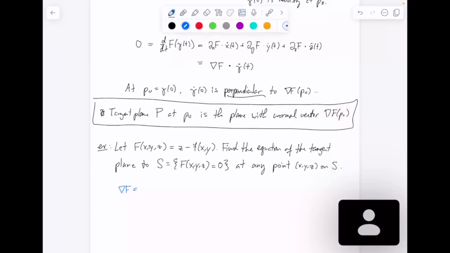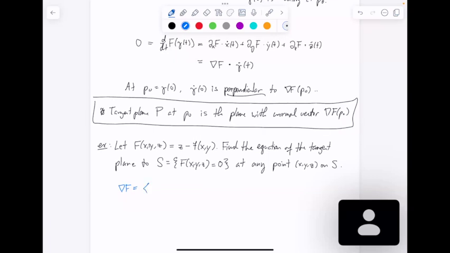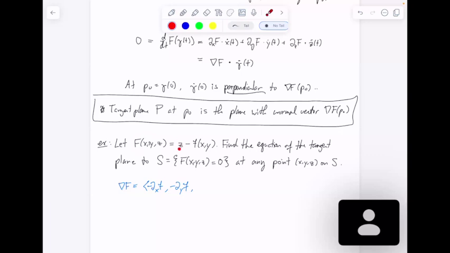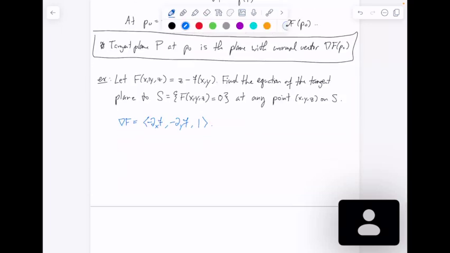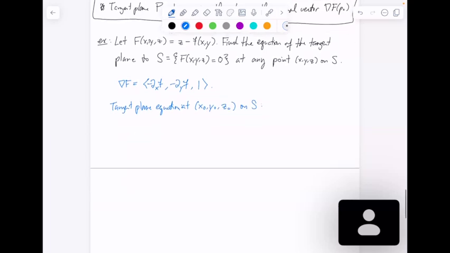Now, grad big F is equal to the following at any single point: minus partial x of little f, minus partial y of little f, partial z of big F. If it's of the form z minus f of x, y, then that's precisely partial z of z, so that's just 1. And so the tangent plane equation at any point x naught, y naught, z naught on S is going to be grad F dotted with the displacement vector x minus x naught, y minus y naught, z minus z naught must be equal to 0.